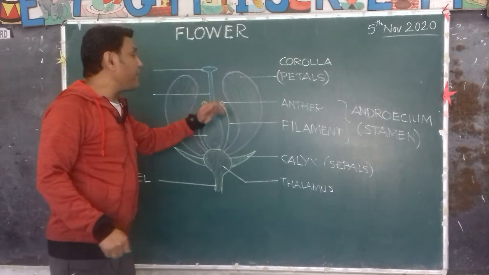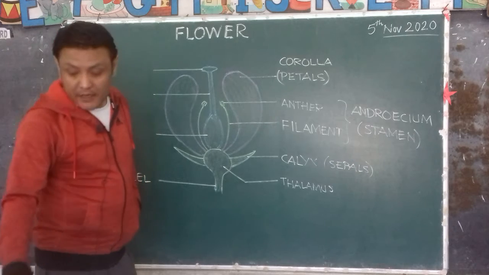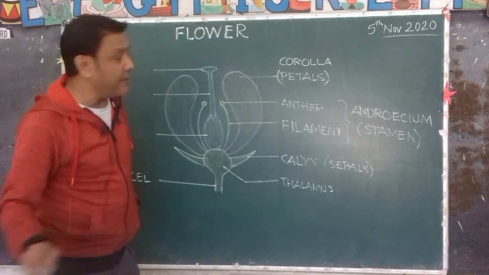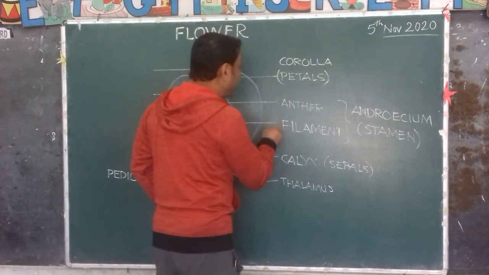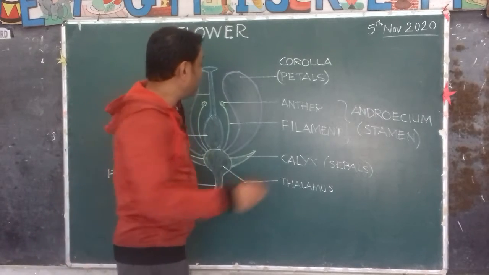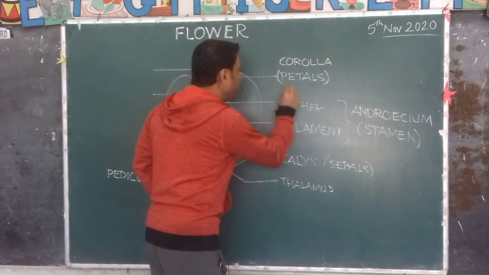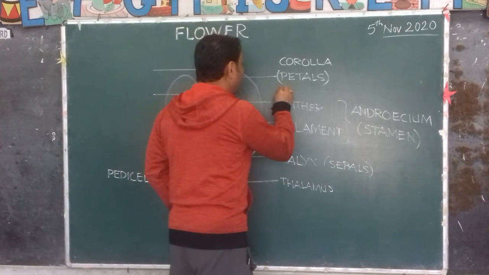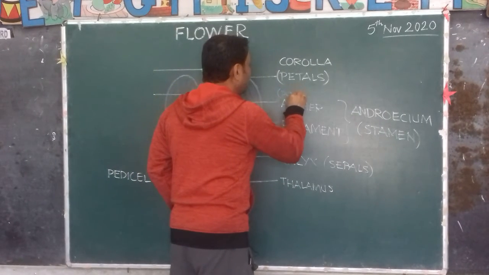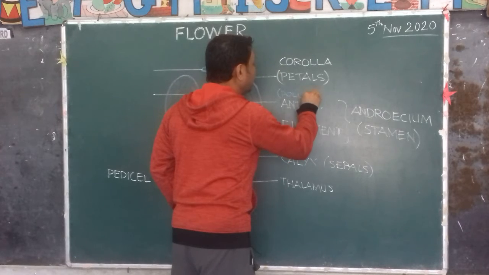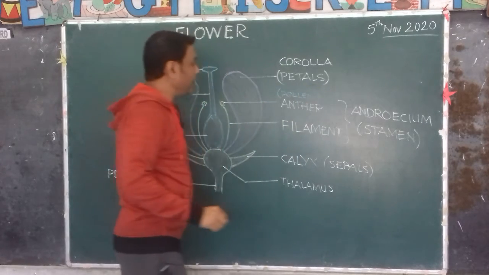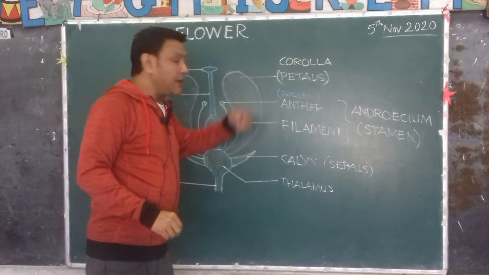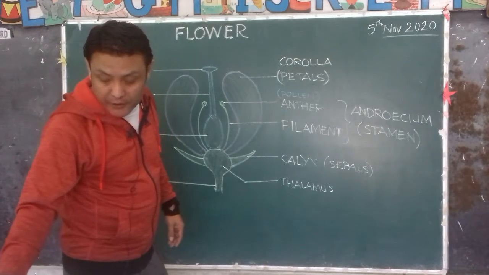Now, what is the function of the anther? The anther has a very important function, as it produces pollen grains. We must have heard about pollen. You must be wondering what a pollen grain is.